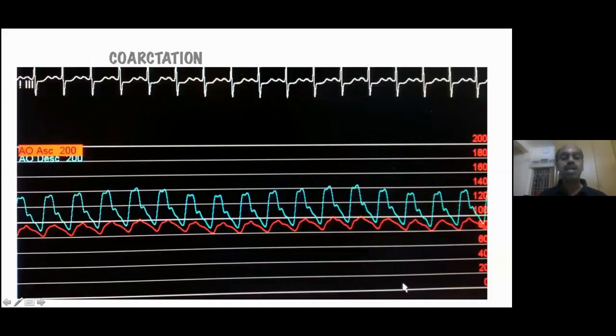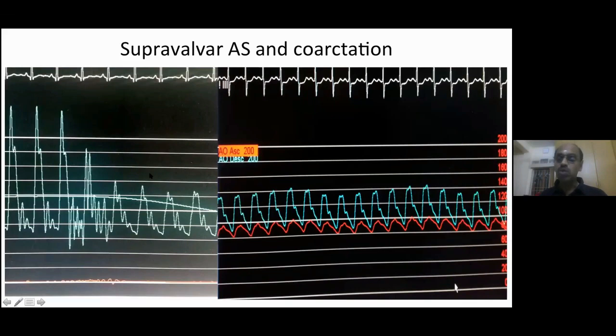It is a true systemic hypertension with not only systolic pressure elevation but diastolic pressure elevation. So if you look at the true traces between supravalvular aortic stenosis and coarctation of aorta, in supravalvular aortic stenosis, the aortic diastolic pressure is normal, whereas in coarctation of aorta, the aortic diastolic pressure is high.